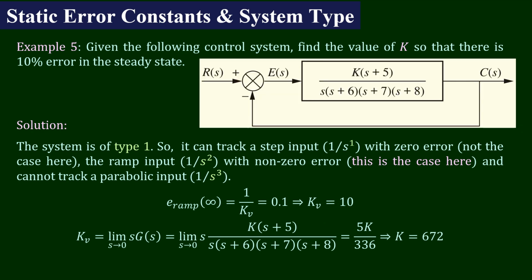After that, inserting the value here, 5k upon 336 will be equal to 10, so k will be equal to 2 multiplied by 336, which is equal to this number.